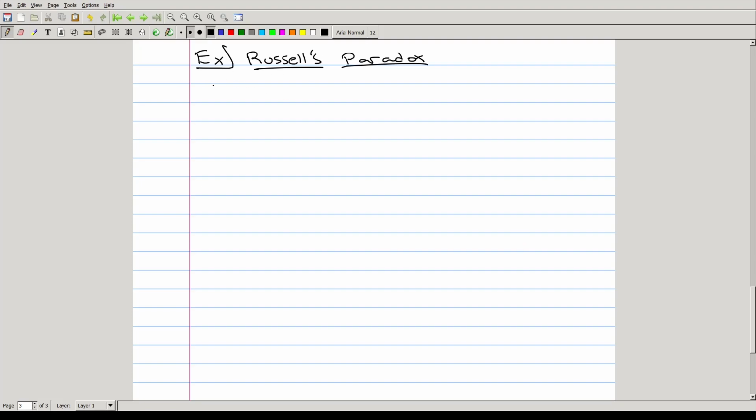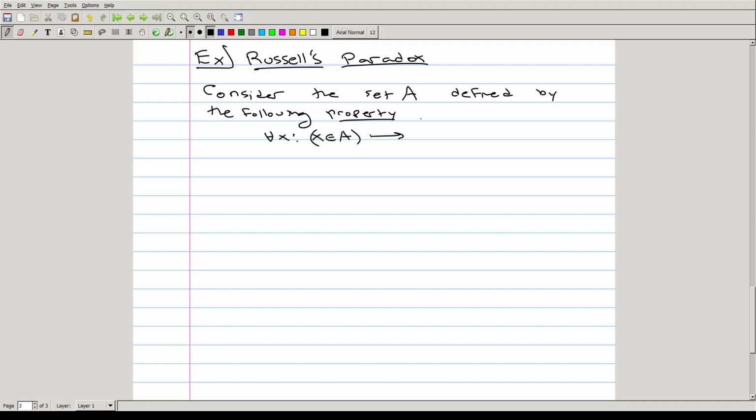So before we get into this, we'll consider the set A defined by the following property: for all x, x is an element of A if and only if x is not an element of itself.